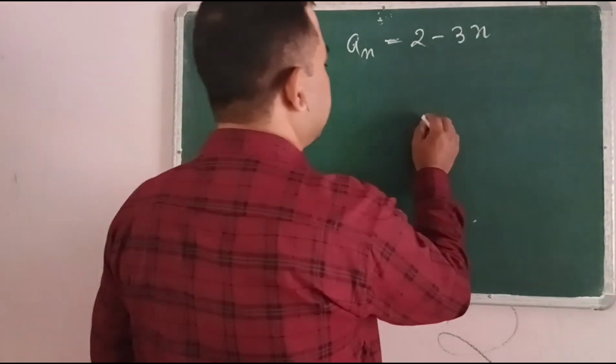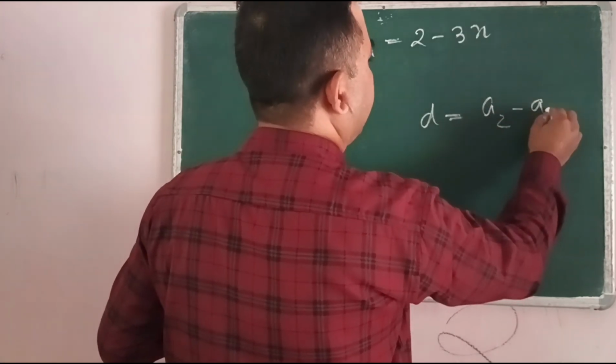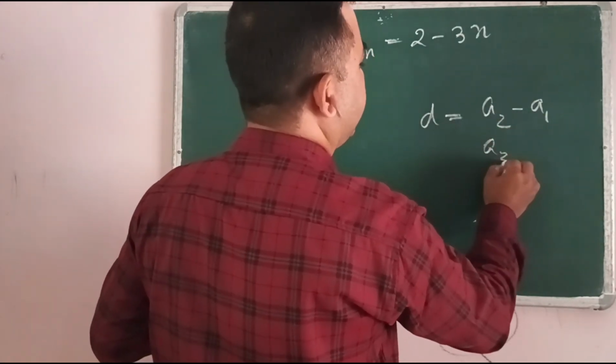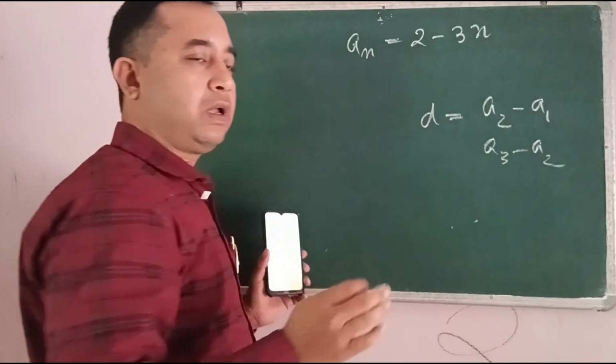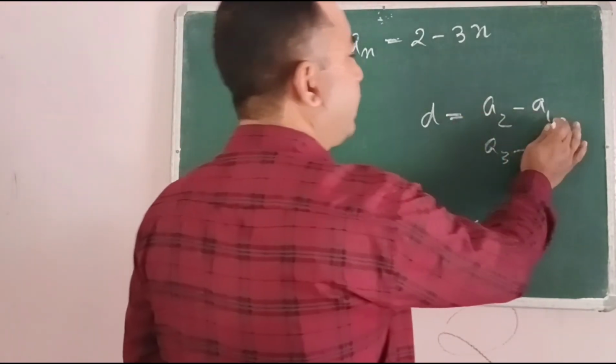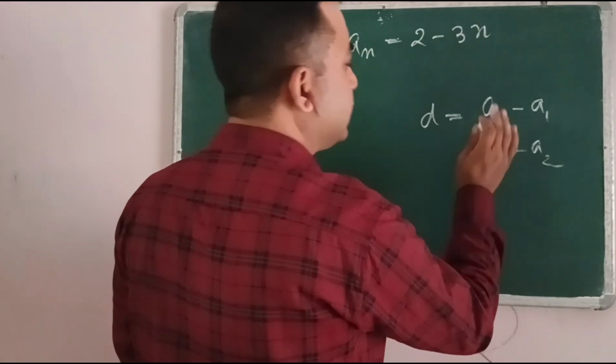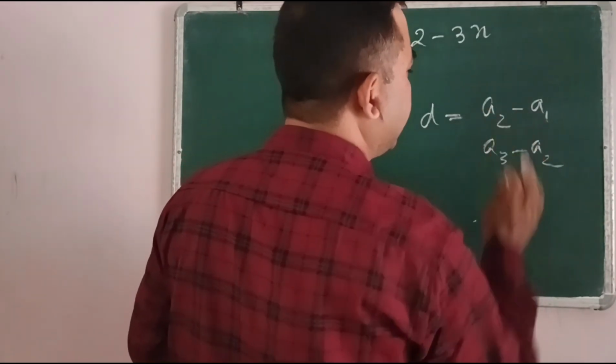Common difference means d is equal to a2 minus a1, or a3 minus a2, because in an AP the common differences are the same in every case.